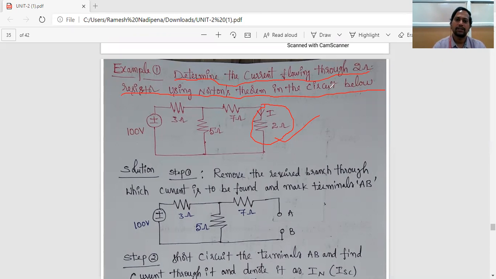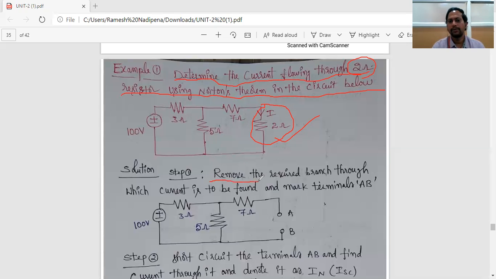As per the given question, the current passing through the 2 ohm resistor using Norton's theorem, so the 2 ohm resistor is the required branch. So we have to remove this resistance from the given network. That is our step 1. Similar to Thevenin's theorem, here we have to remove the 2 ohm resistor branch from the given network, right?